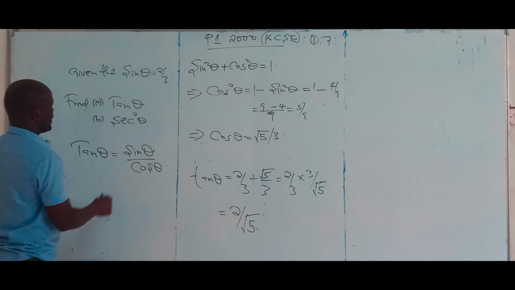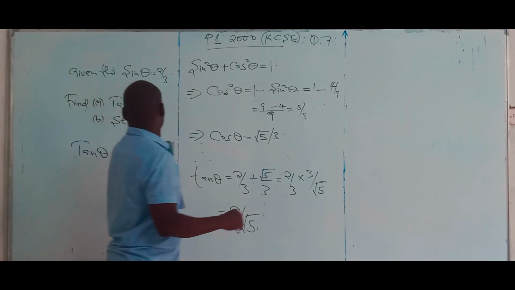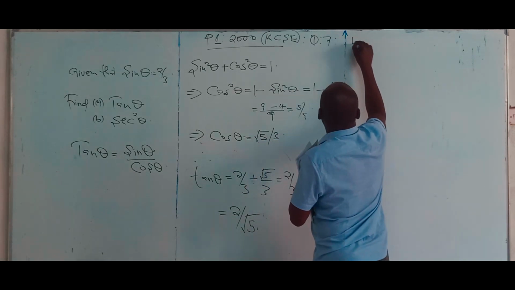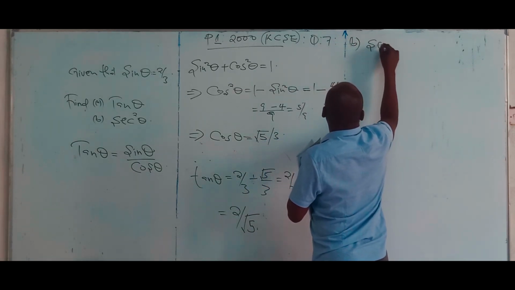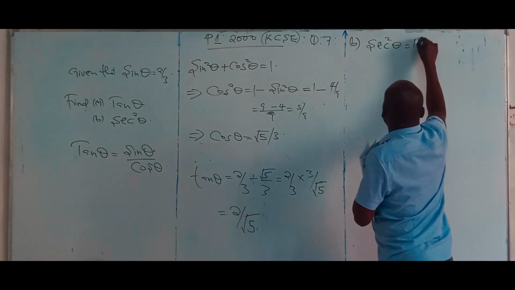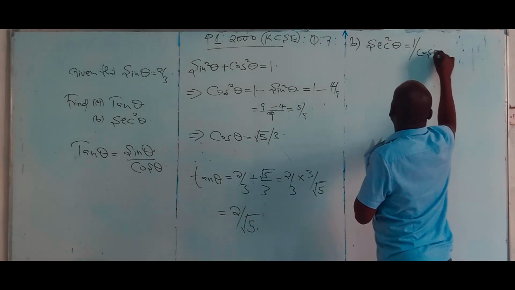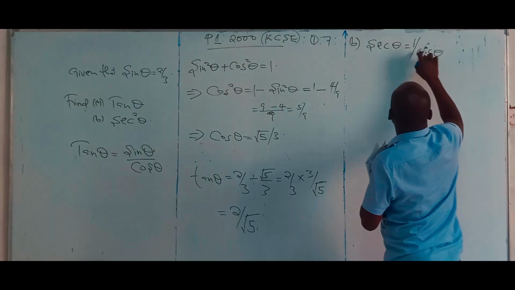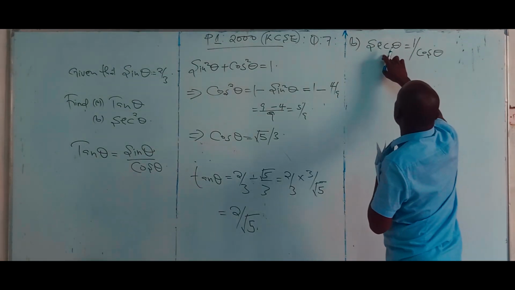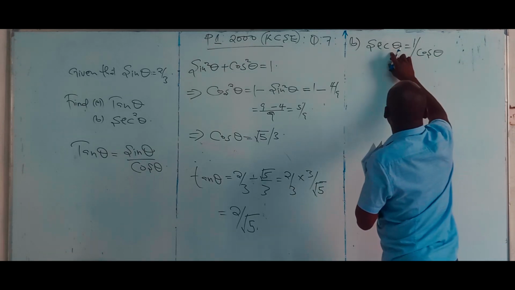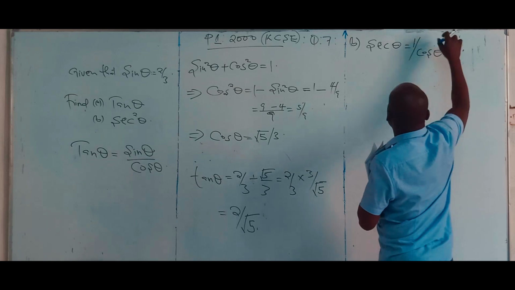Then we are asked to get sec squared theta. We remember that sec theta is 1 over cos theta, and so sec squared theta is 1 over cos squared theta.